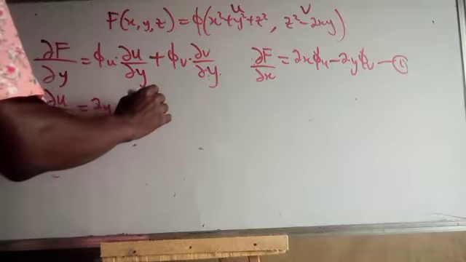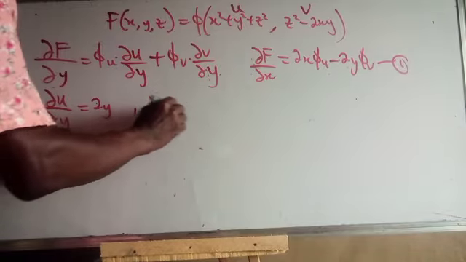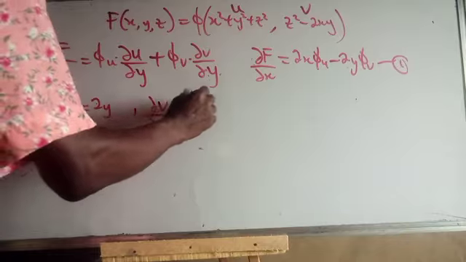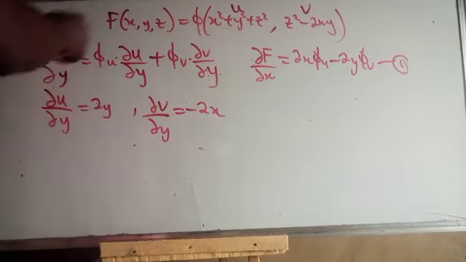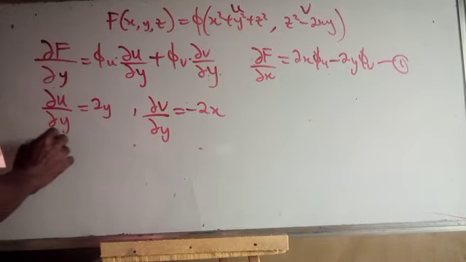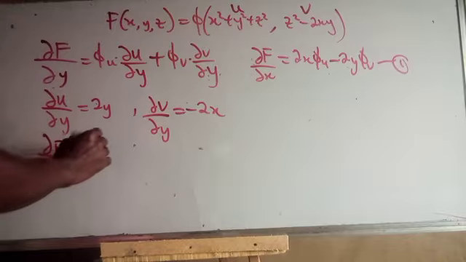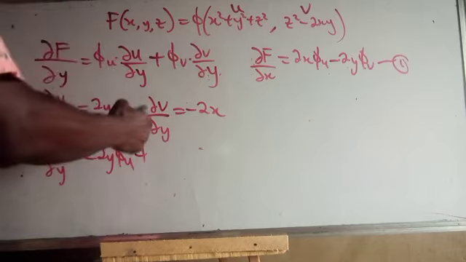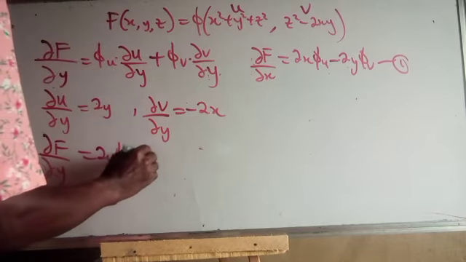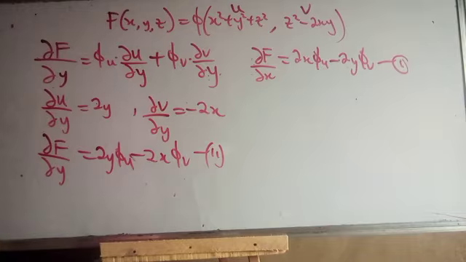Then the v dy, this other one, will be minus 2x. Slotting it into this equation, f dy will be, the u dy is 2y, so 2y phi u, plus the v dy is minus 2x phi v. We can call that one equation 2.